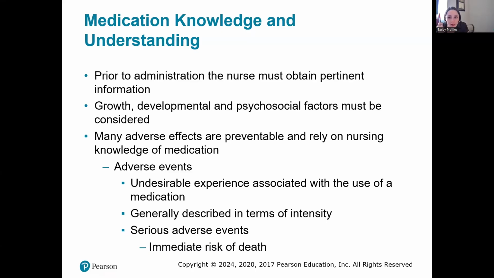If you check your patient's allergies, if you checked your patient's blood pressure before you gave them their blood pressure medicine, these can be preventable. So this is like when my patient's blood pressure is 80/50, and then I give them 3 blood pressure medicines on top of it, and now their blood pressure is 0. That's an adverse event. That was preventable if I would have done my assessment first.